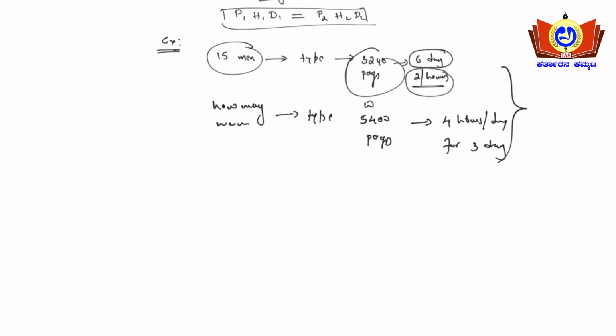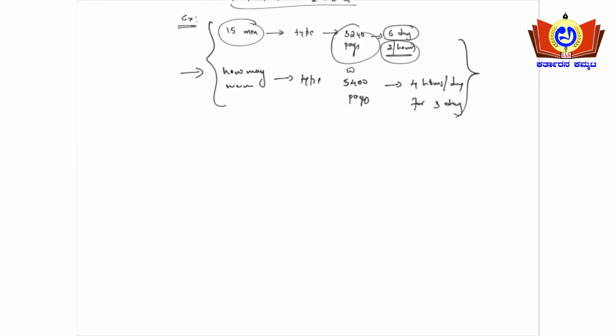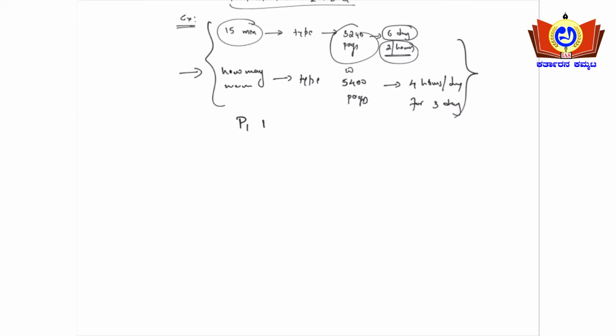By seeing this you can say that this is type 1. Work is given, hours are given, and persons are given, so you can easily relate it to the first type. What is the first type? P1 H1 D1 divided by P2 H2 D2 is equated to W1 by W2.